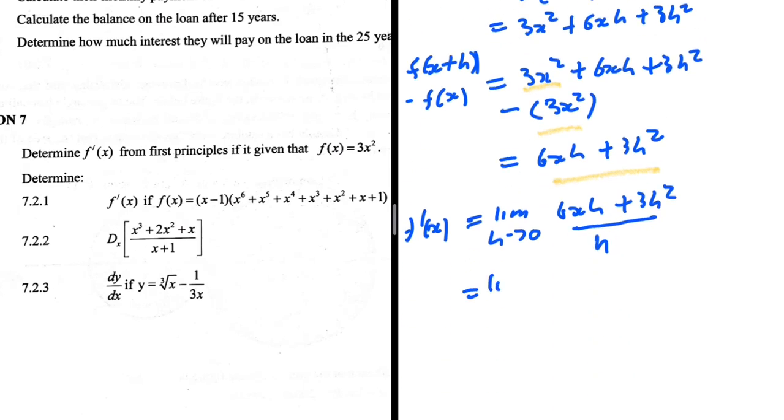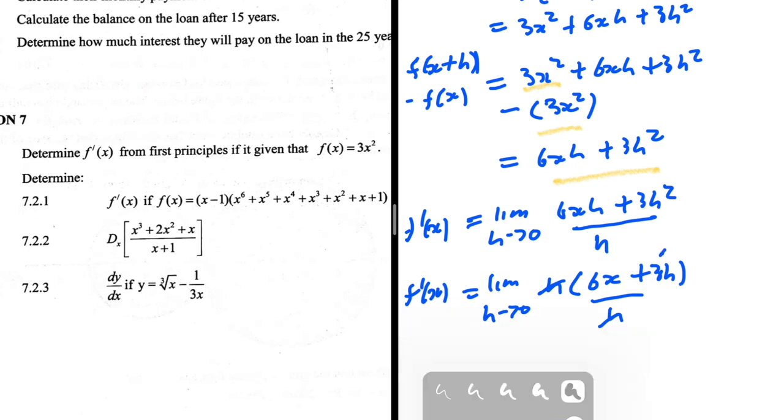What we want to do at this point is to take h as a common factor on the numerator, of which when we do that we get h times 6x plus 3h, everything divided by h. The h and h cancel out and let h tend to 0. So what is 3 multiplied by 0?